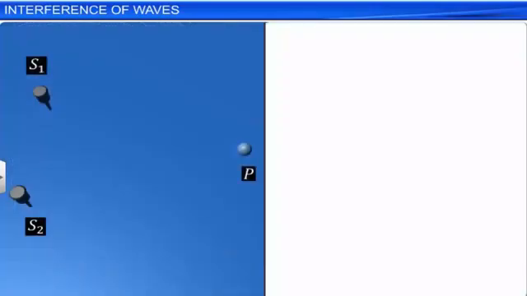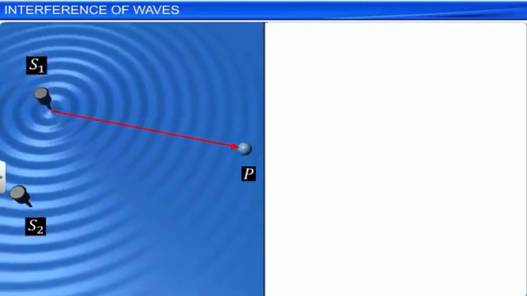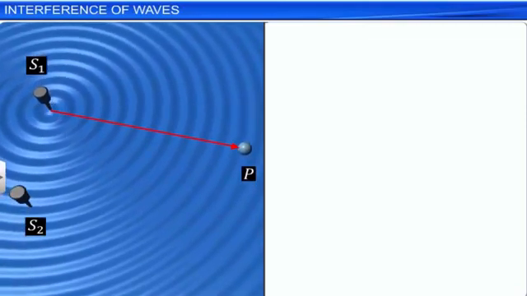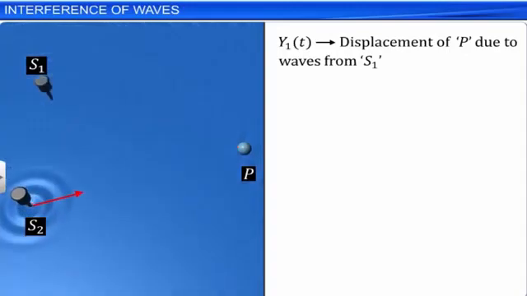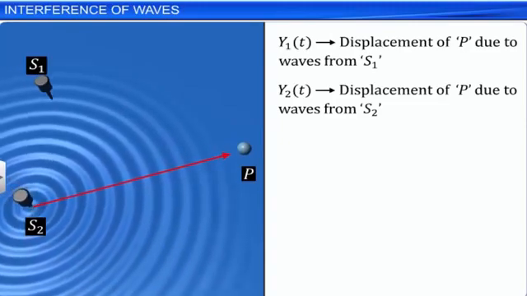When waves generated at S1 reach the point P, the point executes simple harmonic motion. Let y1(t) be the displacement of the particle P due to waves from S1. Similarly, when waves generated at S2 reach the point P, the displacement caused is given by y2(t).